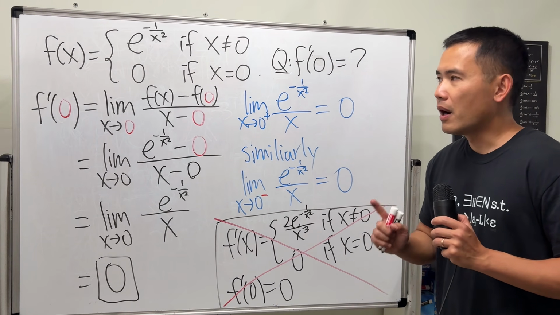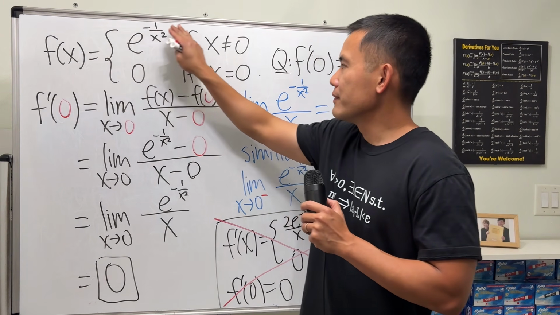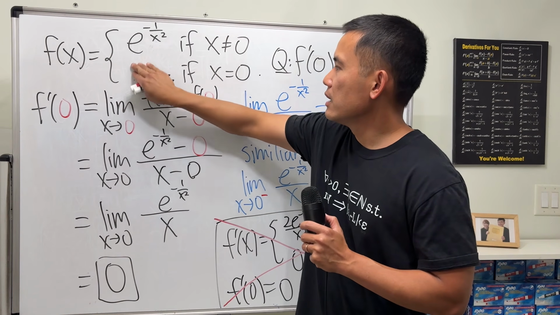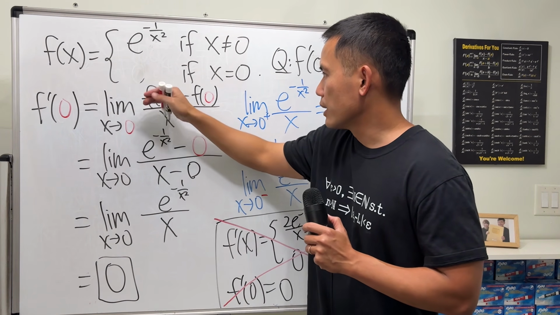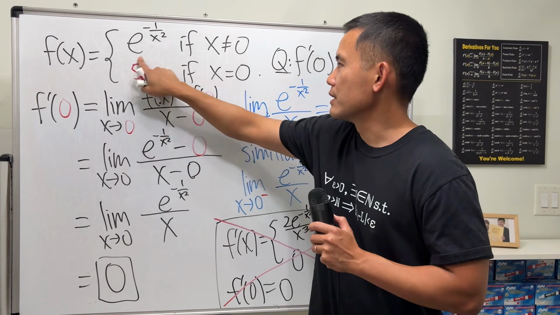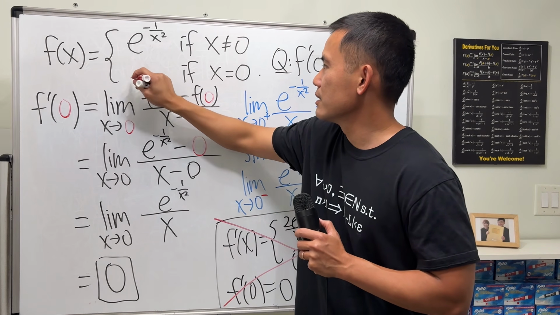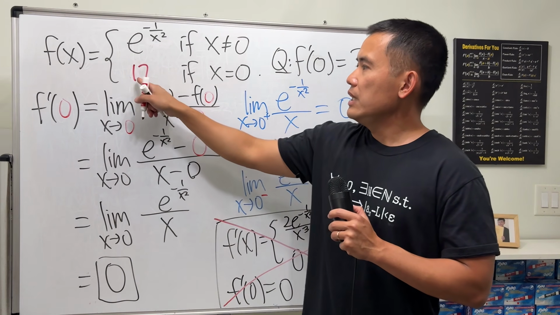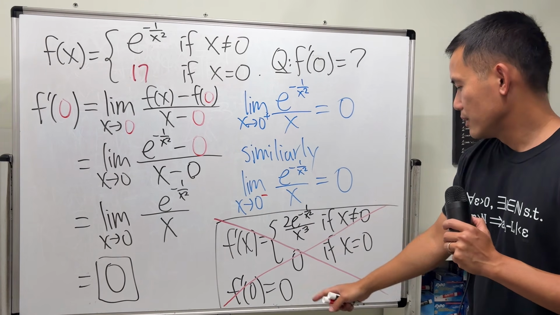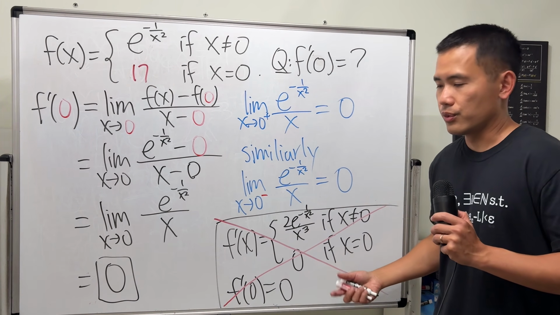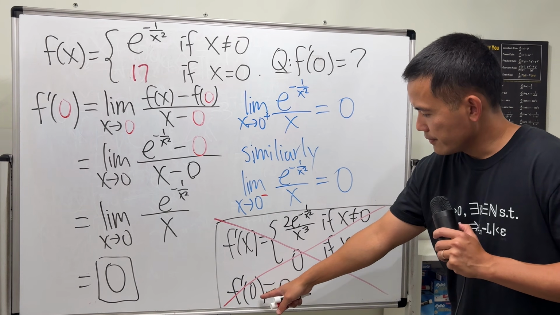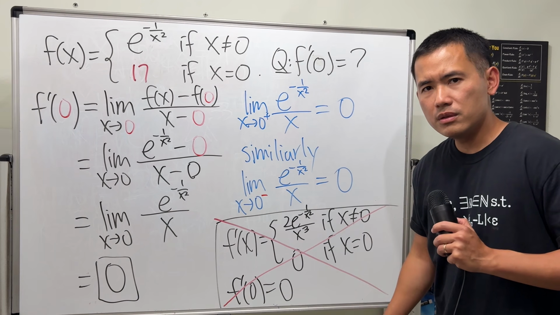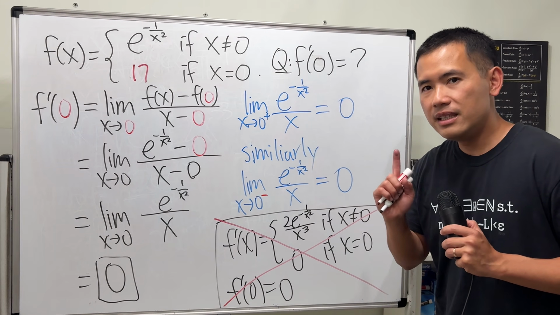Because the danger part is, if you have this function, let's say we change the 0 to, let's say, 5 or 17. You guys know I like the number 17. If you differentiate 17, you get 0, so this right here is still true. And is the answer still 0 though? Not anymore.